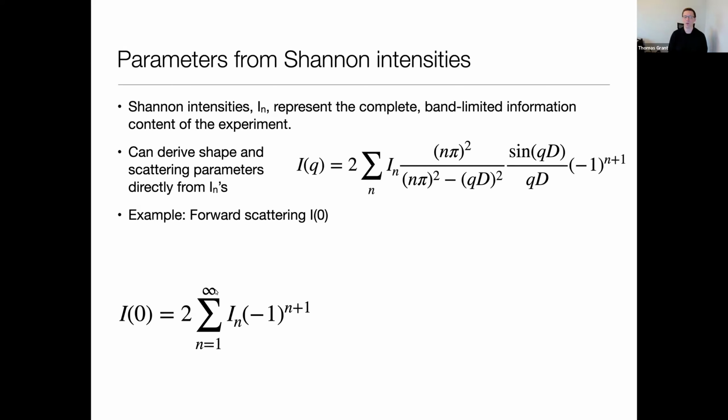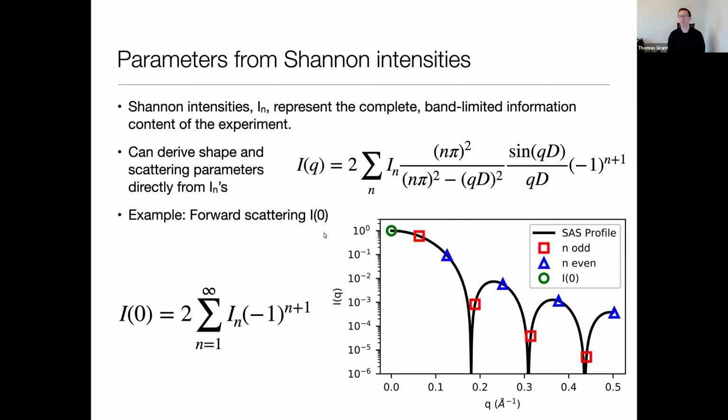Now this is a sum to infinity, and like I said, we don't get an infinite number of Shannon channels, of course. But because of the way a scattering profile works, most of the photons, most of the X-rays, and most of the intensity are at the low angles, right? Most of the intensity is within the first 4 or 5 Shannon channels. So this is a really neat mathematical result: we can look at the forward scattering I of 0, and say, okay, it's Shannon intensity 1 minus Shannon intensity 2 plus intensity 3 minus intensity 4, and we go back and forth, right?